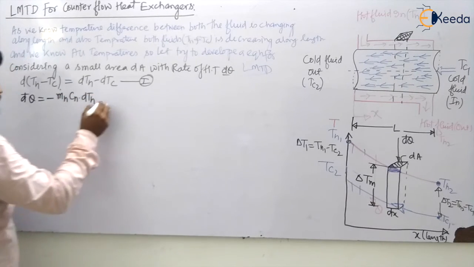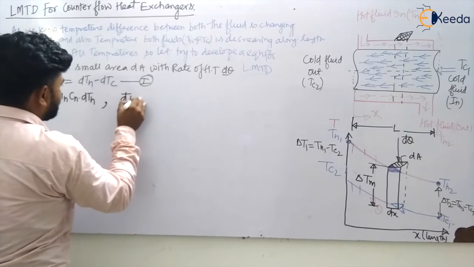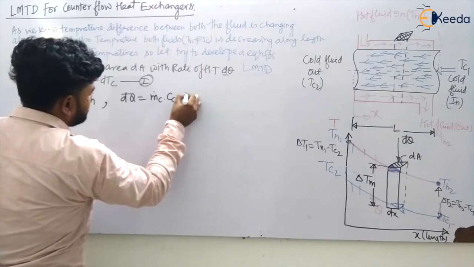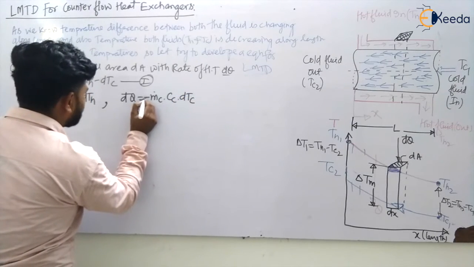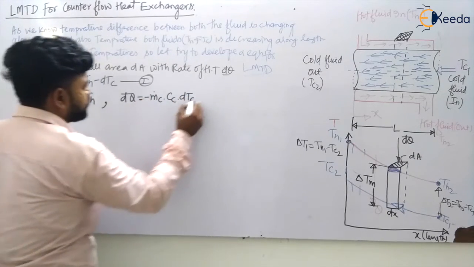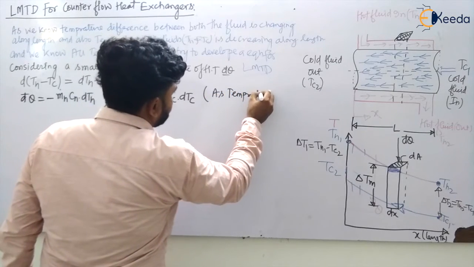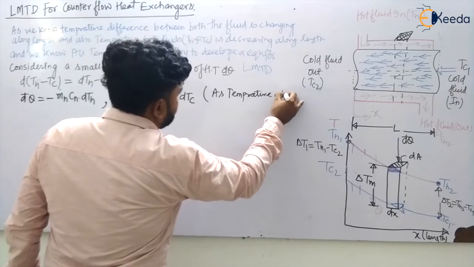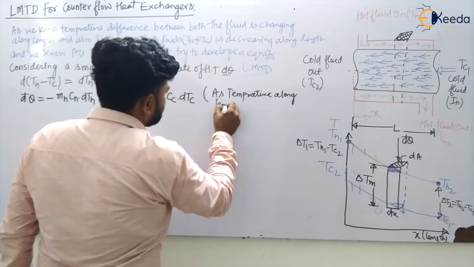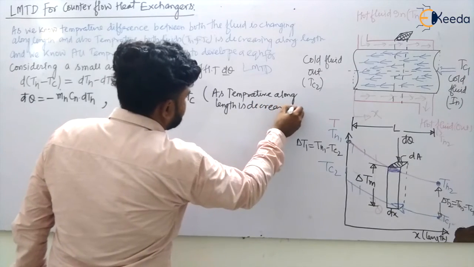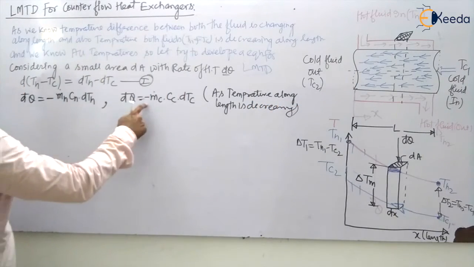Similarly for the cold fluid, dq is equal to m dot c Cc dTc, and the negative sign will be there because the temperature along length is decreasing for both, my dear students. So I have to take the negative sign here.